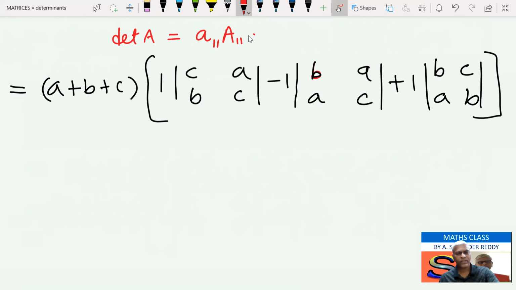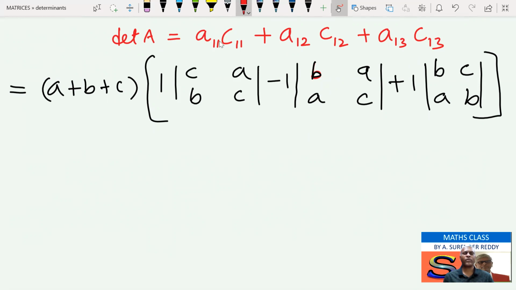Element into its cofactor. Let us take the cofactors as C11, and second a12 C12, and a13 C13. So this is the definition of determinant.